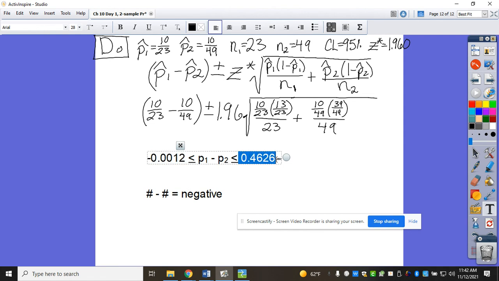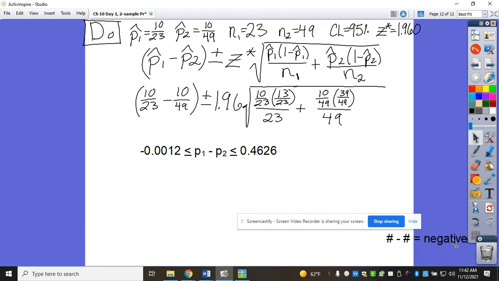This one, because it's positive, means proportion of white in the first one is higher. But this one's really close to 0, and this one's all the way up to about half. So it's somewhere between, basically, explaining this in context, it's somewhere between they're the same or the first one has twice as much. The proportion is half higher, 0.5 higher, 0.46 higher.